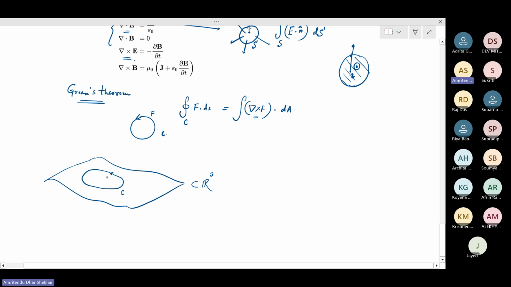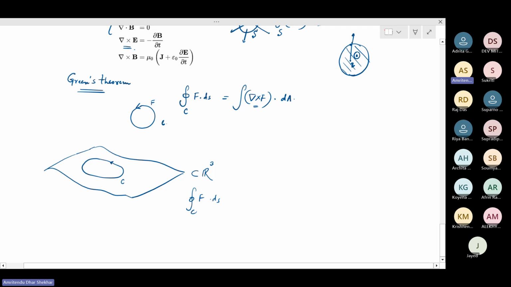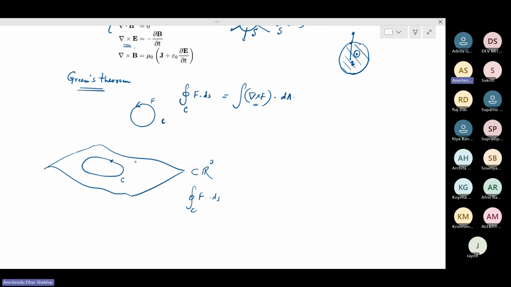So now if you compute the work for this particular closed curve, which I'm going to write as the integral of F ds over this closed curve C, then there is a particular subset of the surface which is a closed region, which is covered by this surface.